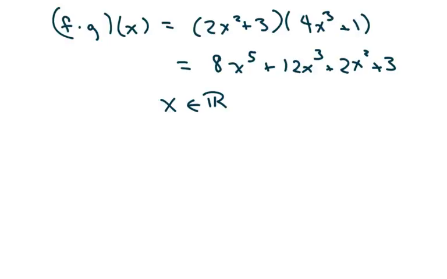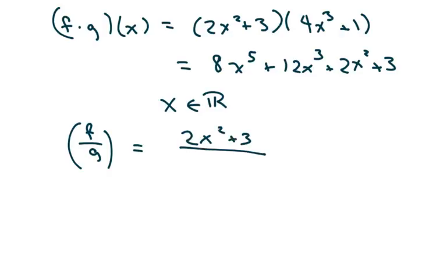And for division, we have f over g of x, which equals 2x squared plus 3 over 4x cubed plus 1. Now, this is where the trouble happens when we have a rational. So we have that, and we know the denominator can't equal 0.